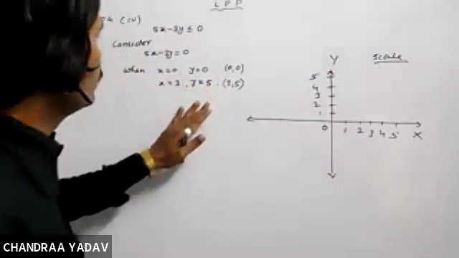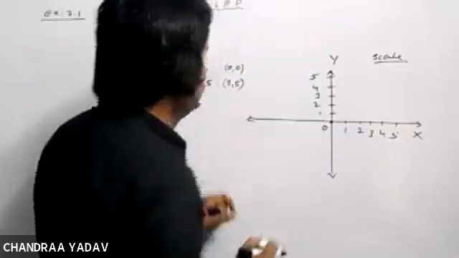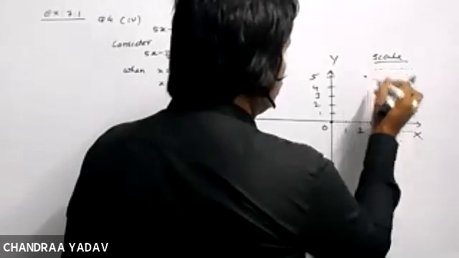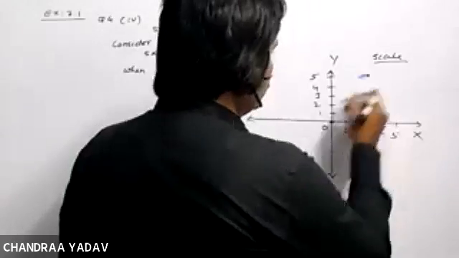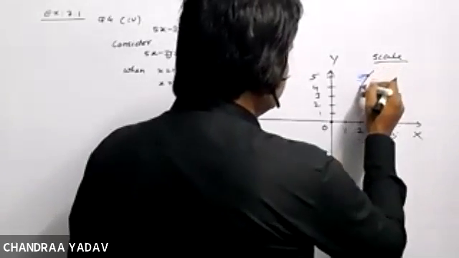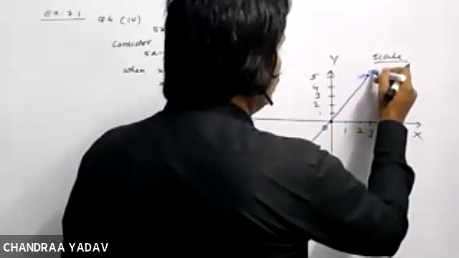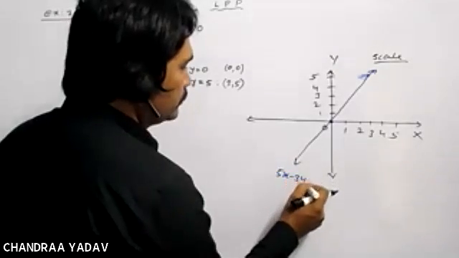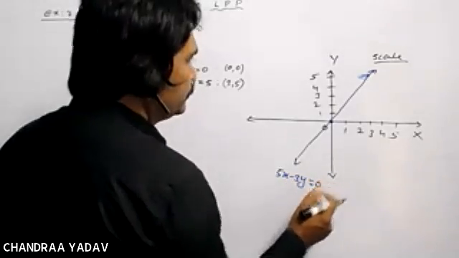We don't have negative values. 0, 0 we'll find on the origin. Now 3, 5 is somewhere here, something like that. So this is 5x minus 3y is equal to 0.